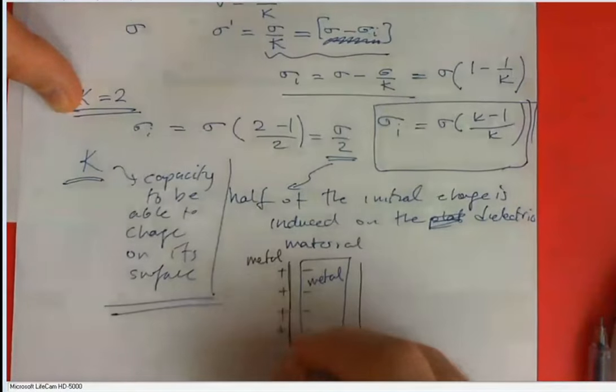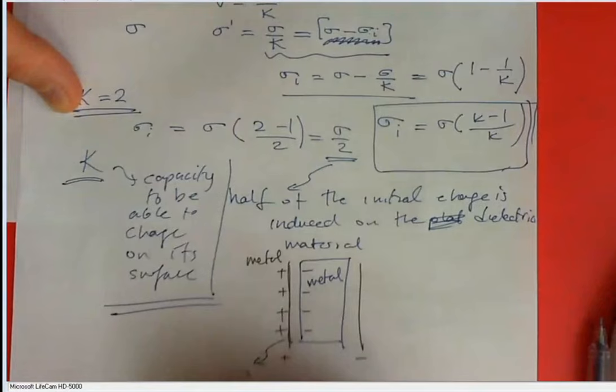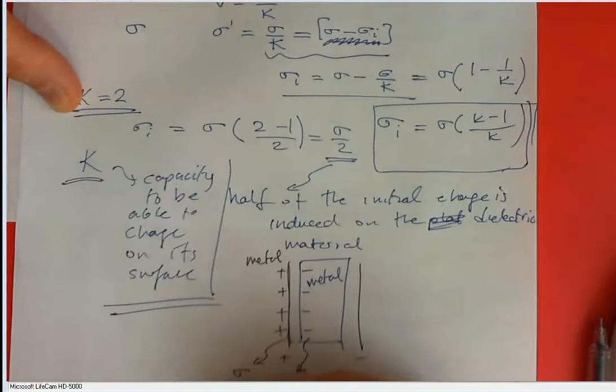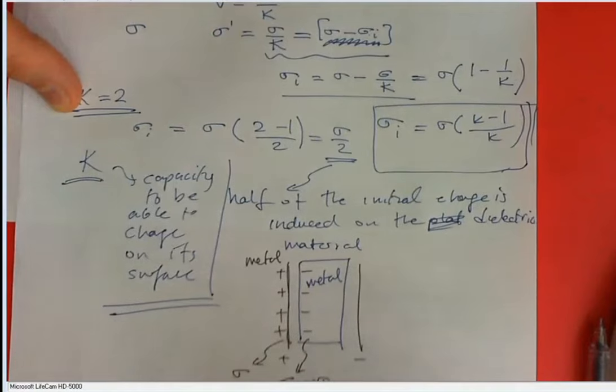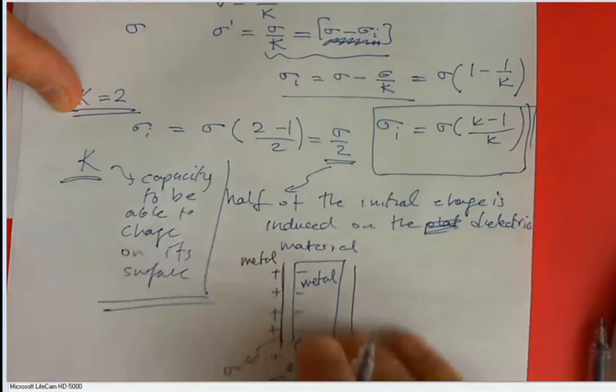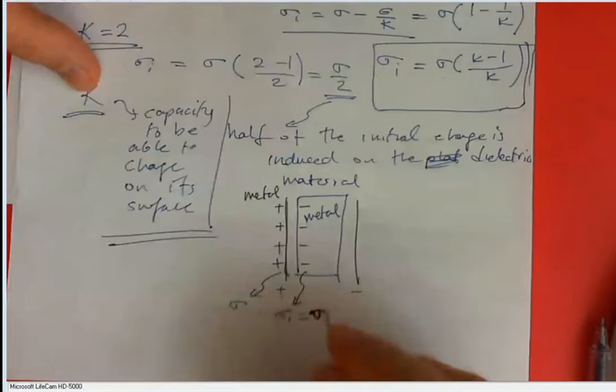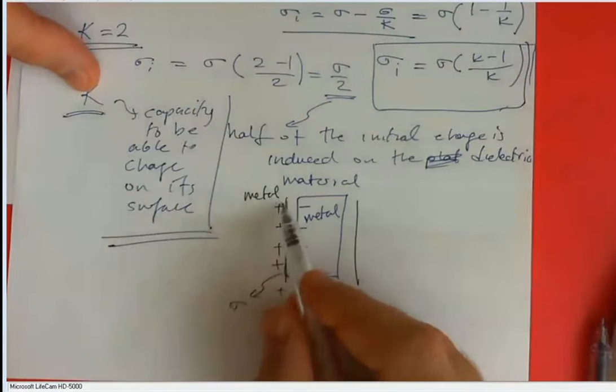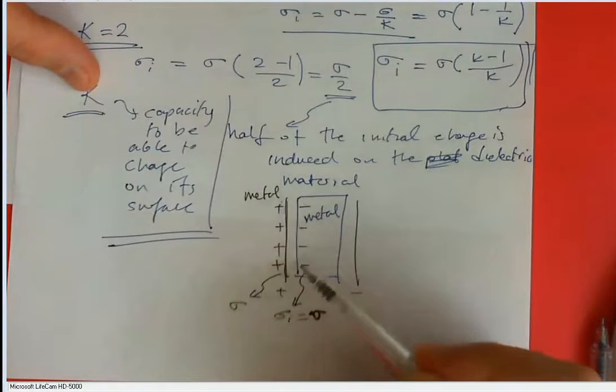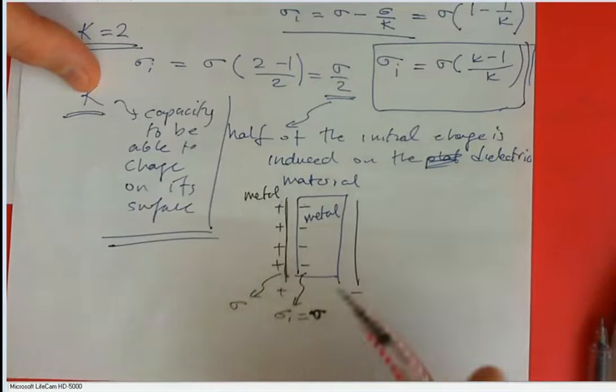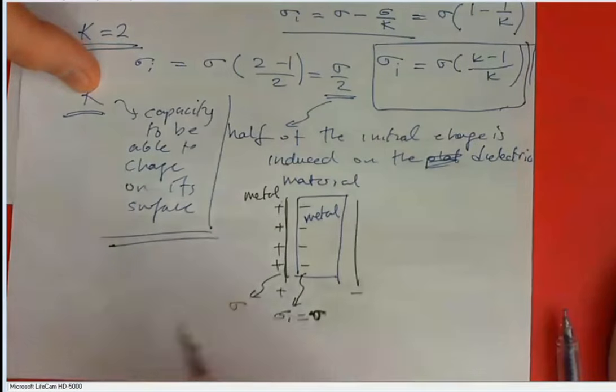So if you have sigma charge here, this sigma induced in the metal case will be sigma, but negative. If you have like 100 positive charges here, you will have 100 negative charges. But a dielectric cannot do that.